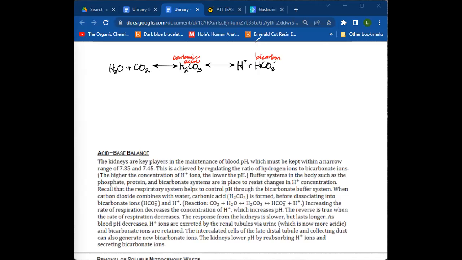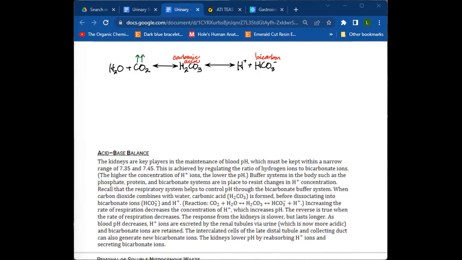Okay, so what happens is that during hypoventilation, we should remember that the respiratory rate is too slow. And so that's going to cause a buildup in the carbon dioxide levels of the blood.